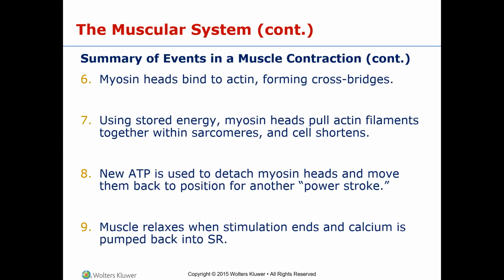And then again, that myosin head, that's like the little oar, will be able to bind to the thinner actin, and it forms the cross bridges, and then it pulls those filaments together so that it shortens, and then the ATP is going to go in and cause the release of those myosin oar heads from the actin, and then the muscle will relax at that point.